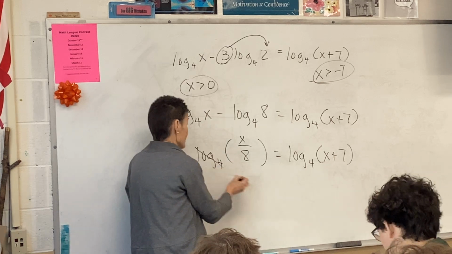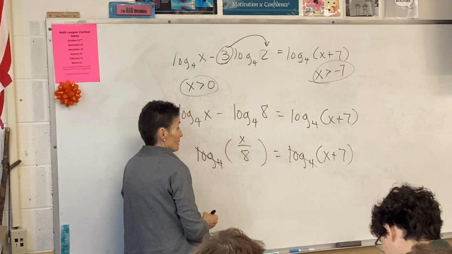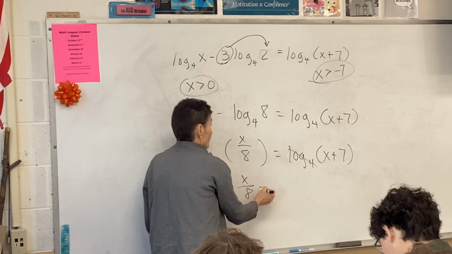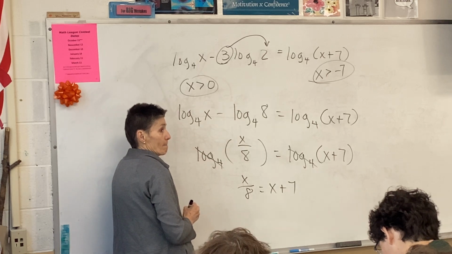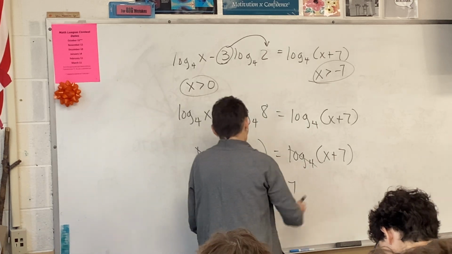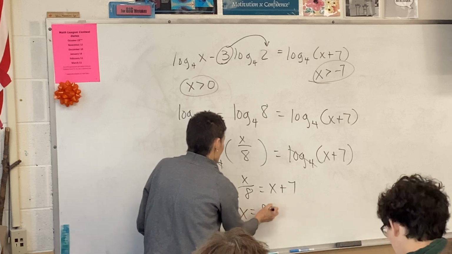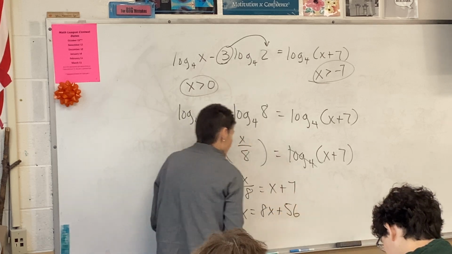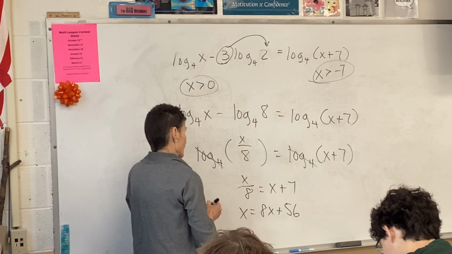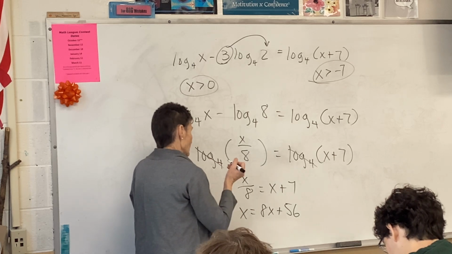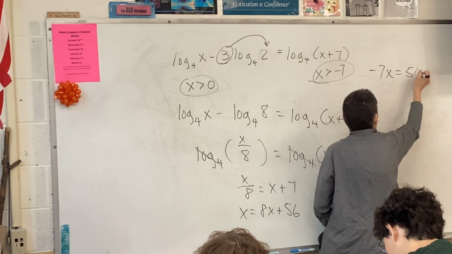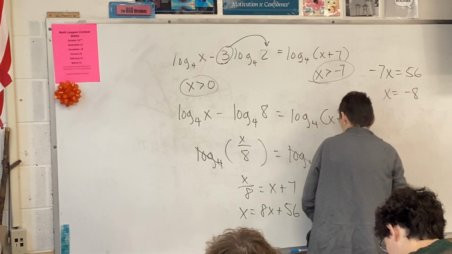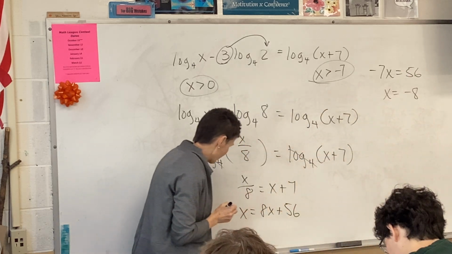And then what? We get rid of these now. So x over 8 equals x plus 7. So x equals 8x plus 56. So negative 7x equals 56. Did you get negative 8? Check my arithmetic.